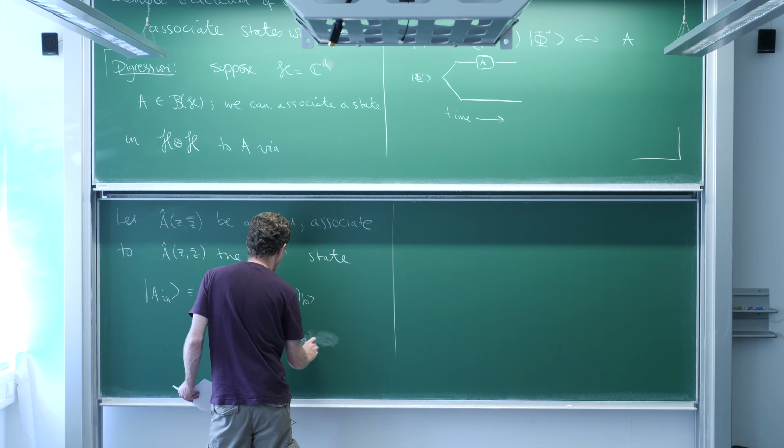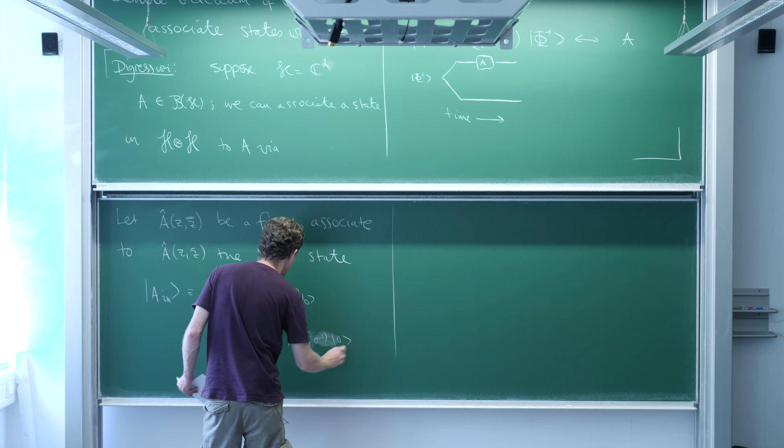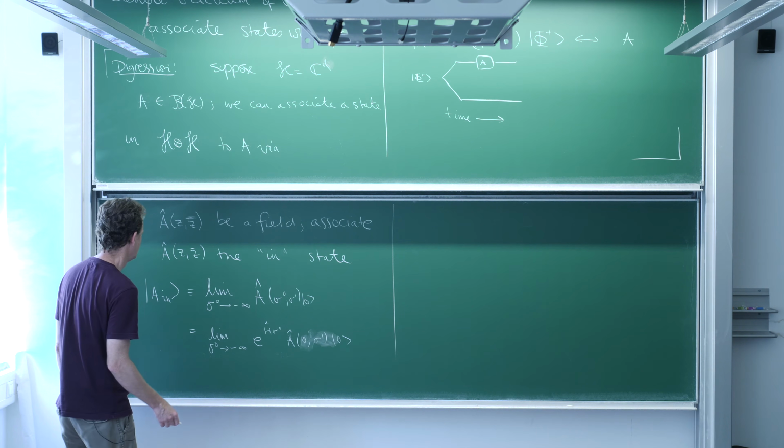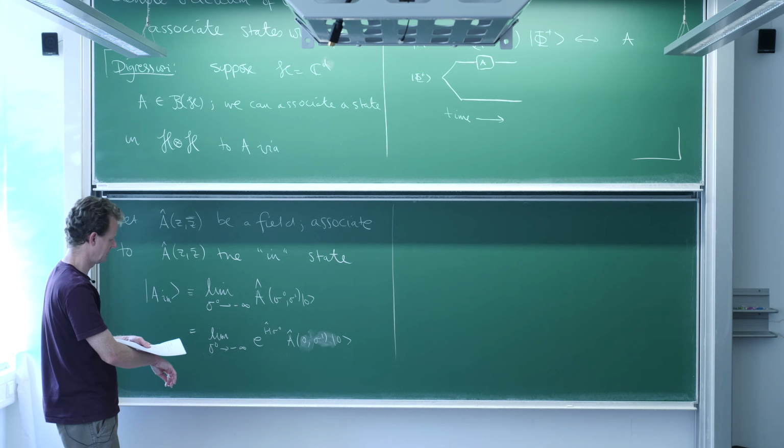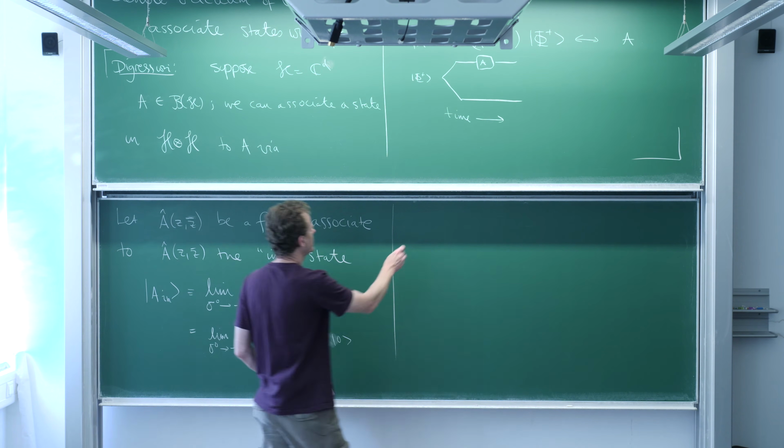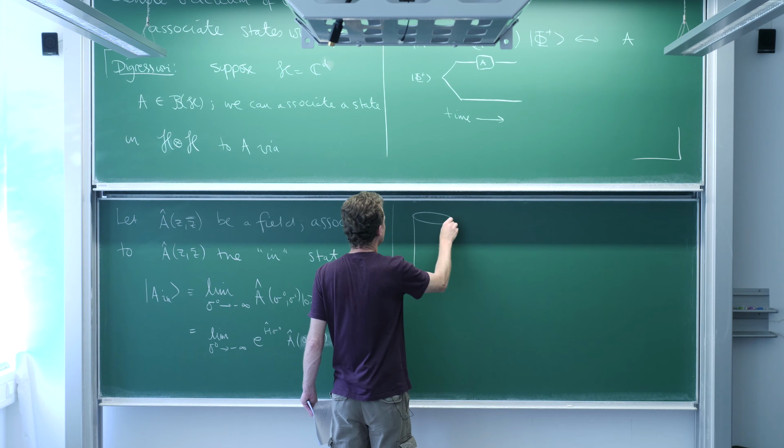And these sigma coordinates, sigma 0, sigma 1, that's the cylinder coordinates, and I guess I'll just draw a picture to remind you of this coordinate system.